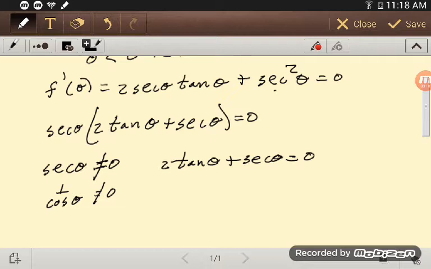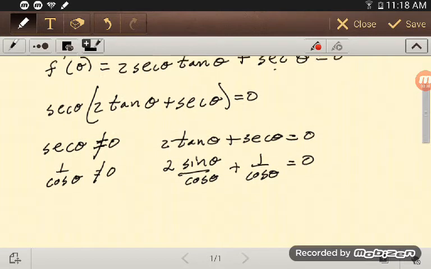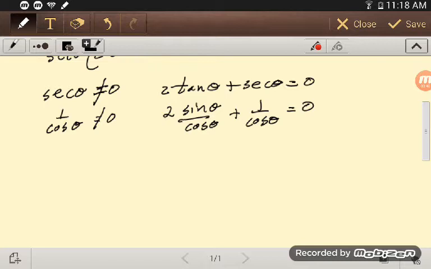Well, that looks hard for me. I change everything to sines and cosines. So I have 2 sine theta over cosine theta plus 1 over cosine theta equals 0. Well, this makes it a little bit easier for me in that, once again, if cosine of theta is 0, this whole thing's undefined anyway.